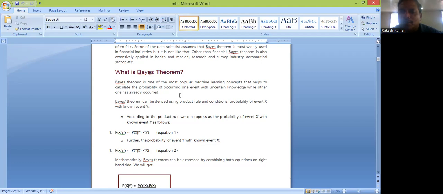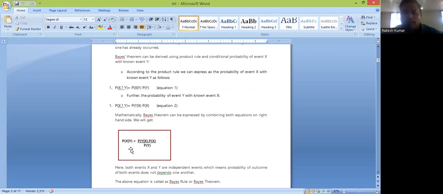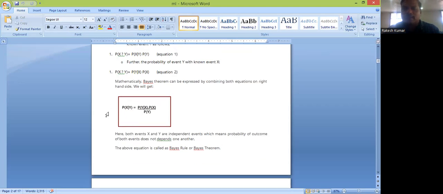Bayes theorem can be derived using the product rule and conditional probability of event X with E known as Y. According to the product rule, we can express the probability of an event X with event Y known. So we can say that P of X by A equals P of Y by X into P of X by P of Y. We can also write P of A by B equals P of B by A into P of A by P of B. This is the formula for the Bayes theorem.